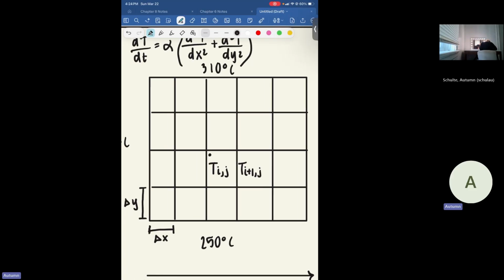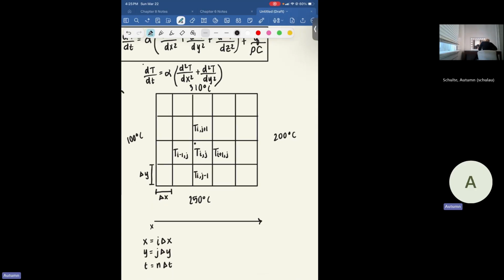If we move to the left, we're going to have our temperature at i minus 1, because we're to the left, at our same vertical position j. Going above, we're going to be at the same horizontal position, but this time we're 1 above our block. And moving down, we're going to be at our same horizontal position, except at this time 1 below from where we were.